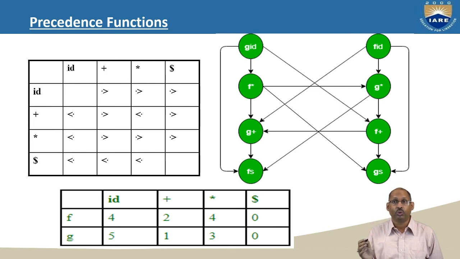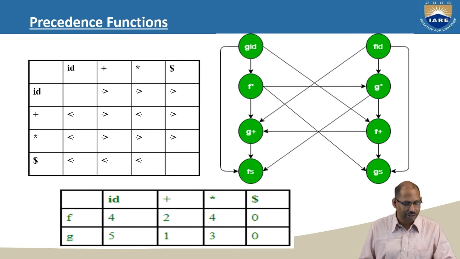Now we'll discuss how to map the operator-precedence table to the integer valued operator-precedence table, so that we can perform the shift reduce method in this operator-precedence parsing method. Right? Here, this is the table: ID, plus, ID, multiplication, $ sign.